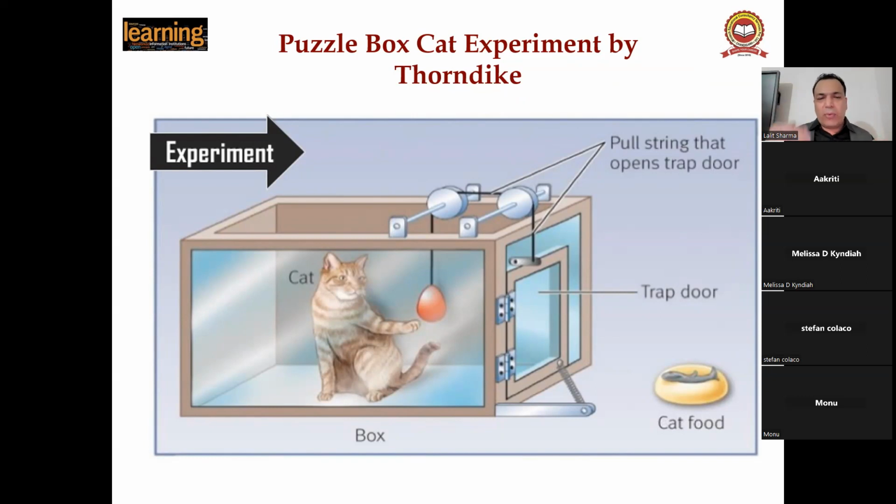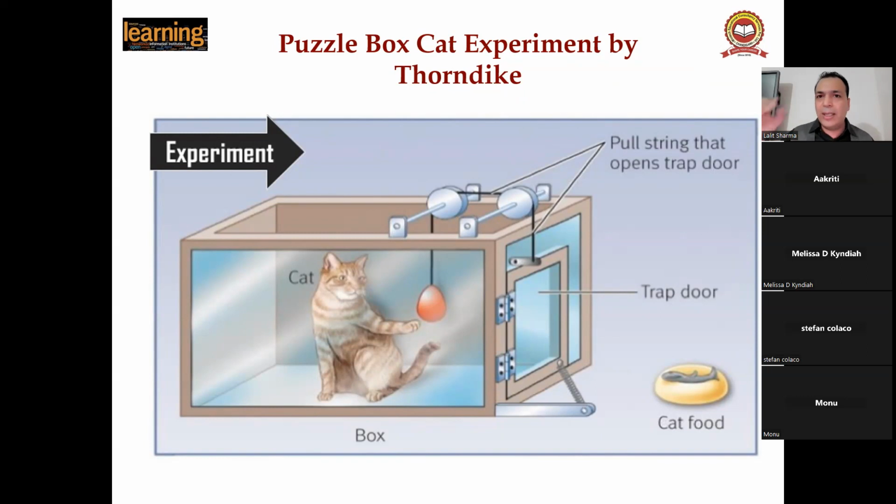So similarly, third, fourth, fifth, sixth. So what happened in the seventh or eighth experiment? Now the cat has come to know that this is a lever to come out of the cage. So what happened when the fish was placed outside the cage? The cat put the paw directly. Now she is not doing anything else.